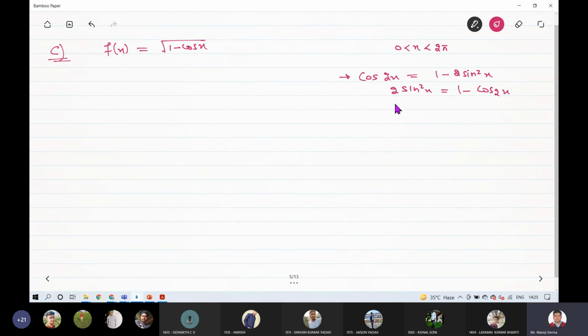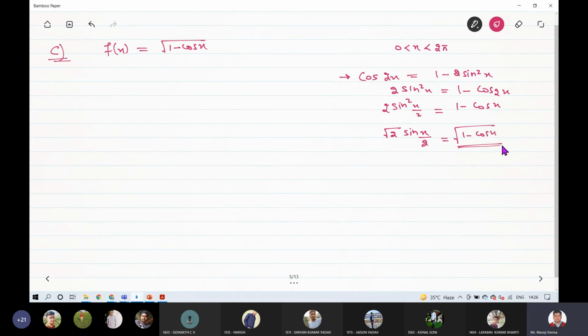If I take half of this argument, then it will be 1 minus cos x. And if I take the square root of this expression, it will be root 2 sine x by 2 for root of 1 minus cos x.